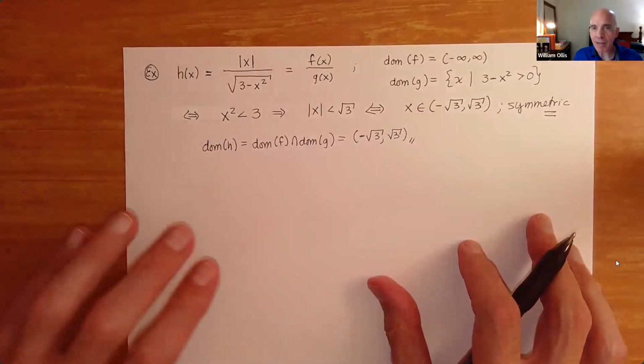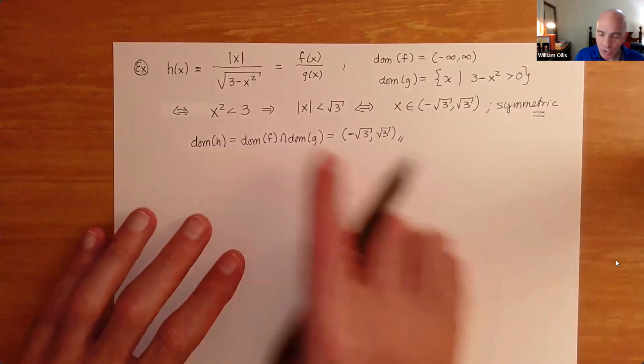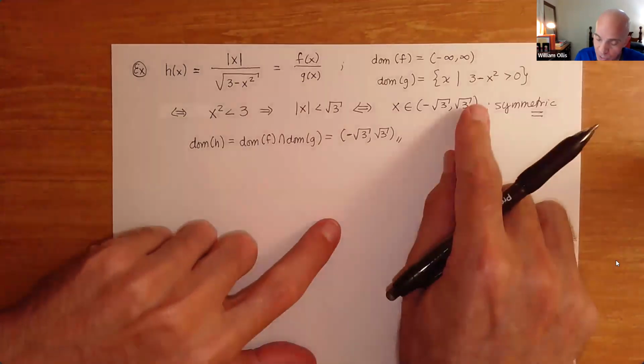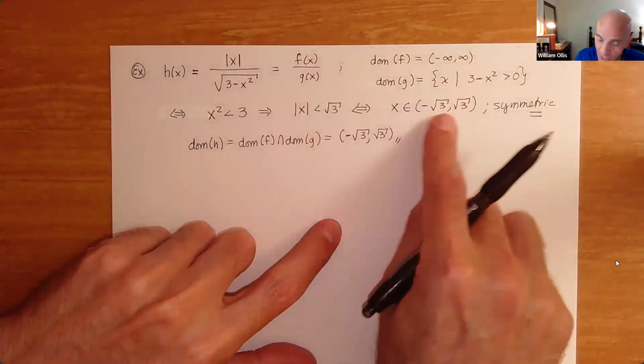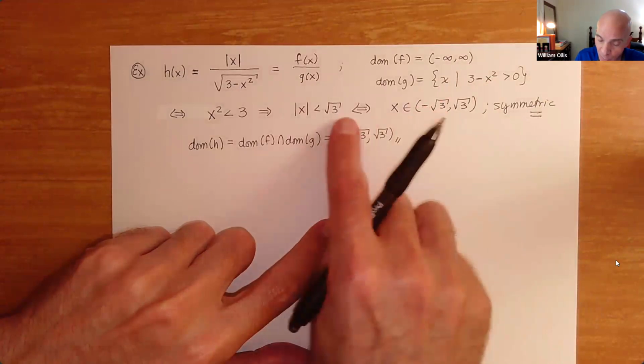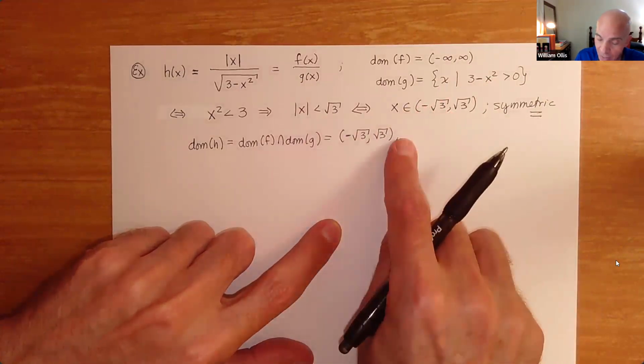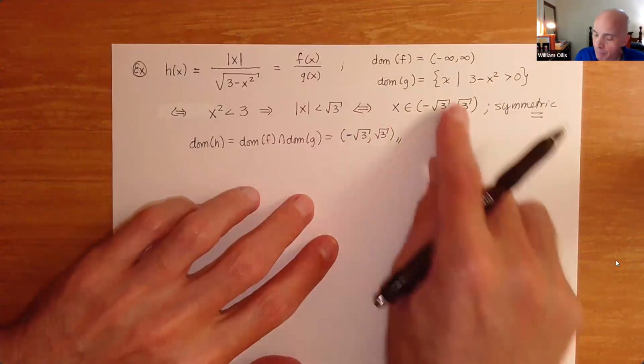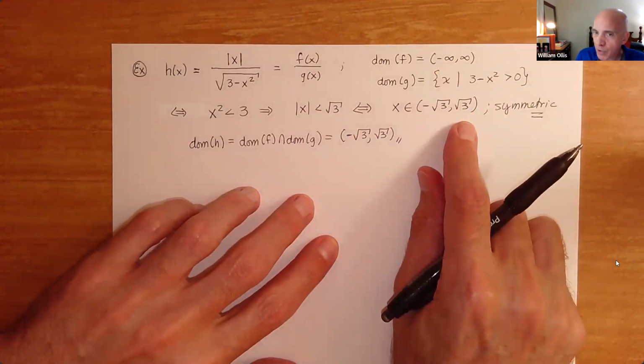So I took an opportunity to dress this as a quotient. The numerator is the absolute value of x. The denominator is the square root of 3 minus x squared. And that gives us some opportunity to deal with some of the algebra of the absolute value that we dealt with in our previous lectures. Again, very straightforward.